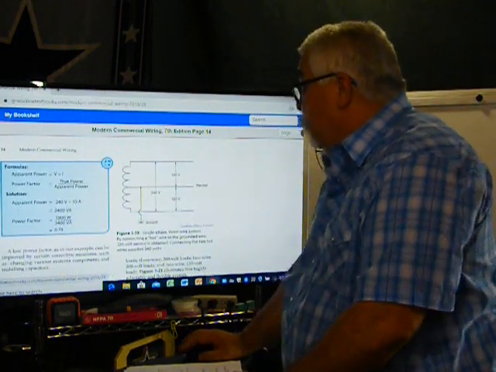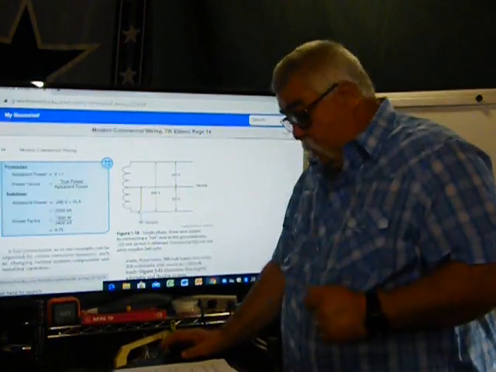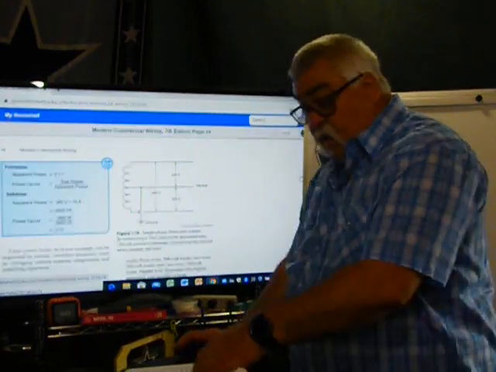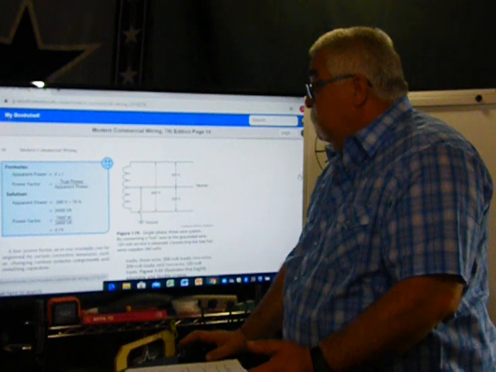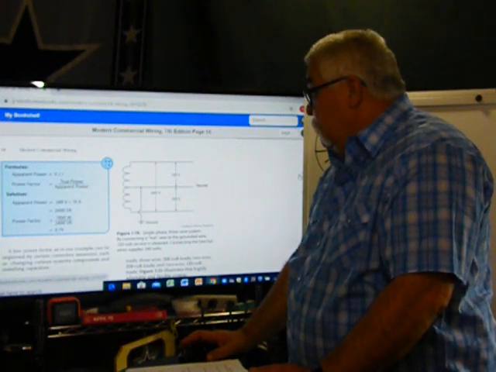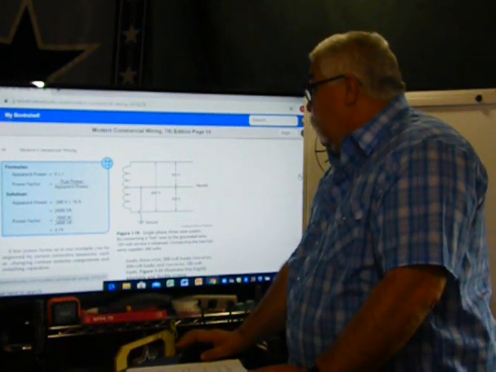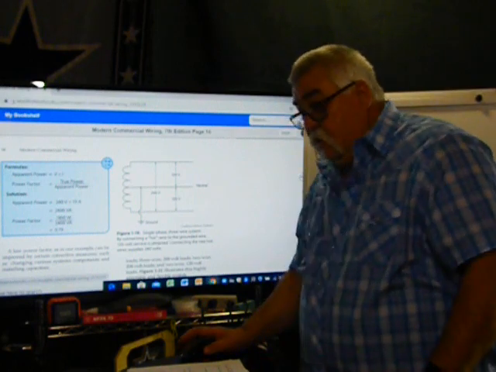True power and apparent power in the circuit. You might find 1 or 2. I just got a little note here. So again, apparent power and true power.